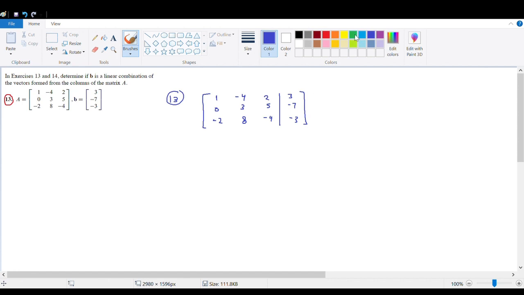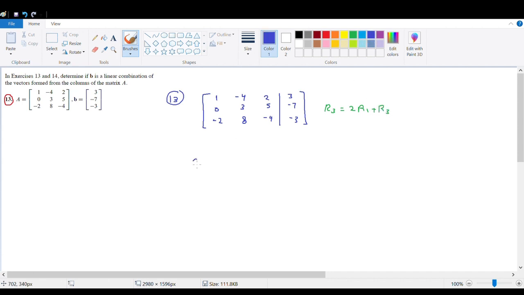We need to do some row operations to see if this system is consistent or inconsistent, and then we can determine if b is a linear combination or not. So let us get rid of this minus 2. So from here, row 3 is equal to row 1 plus row 3.